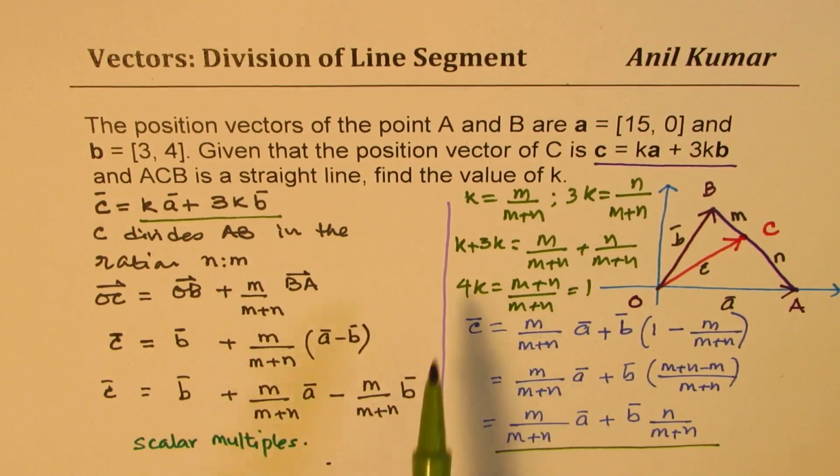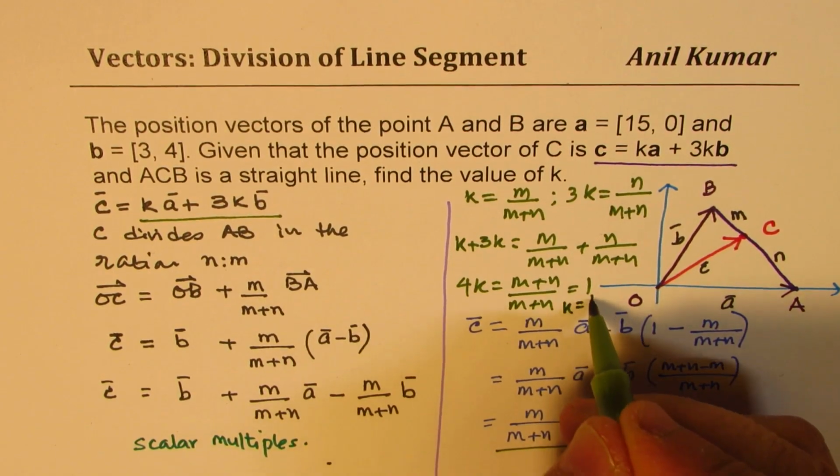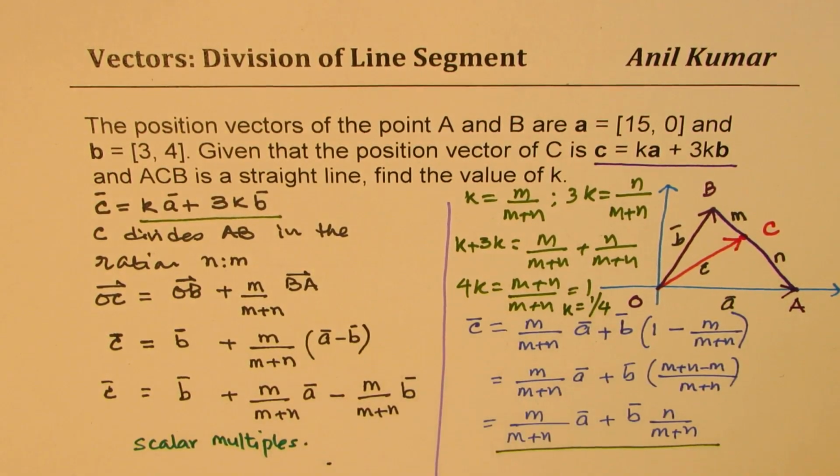So if 4K is equal to 1, what is K equal to? K clearly is 1 over 4.